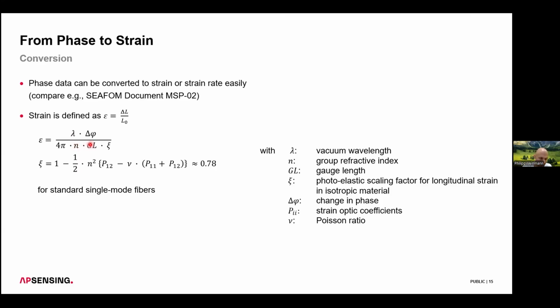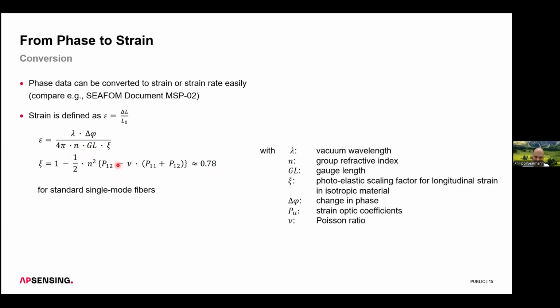GL is the gauge length that can be specified by the DAS operator. Depending on the measurement configuration, it can be 10 meters, 5 meters, smaller, or larger. Then this scaling factor in equation 2, we have the strain optic coefficients.